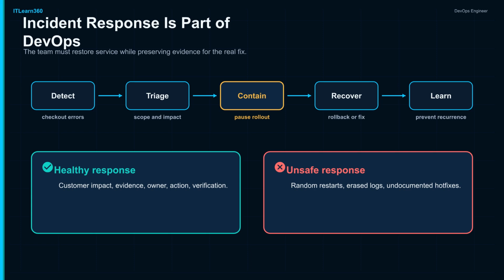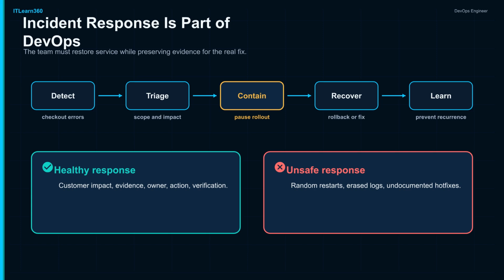A healthy incident record includes impact, evidence, owner, action, and verification. An unsafe response is a collection of random restarts, erased logs, and undocumented hotfixes that make the root cause harder to understand. DevOps engineers participate in recovery because the release system, infrastructure, and observability system are part of the incident.